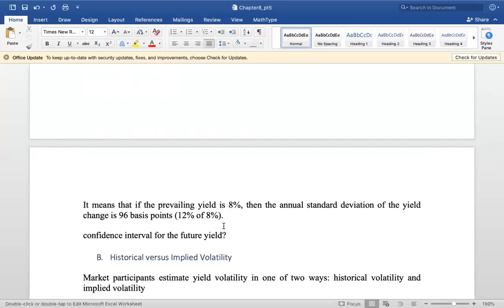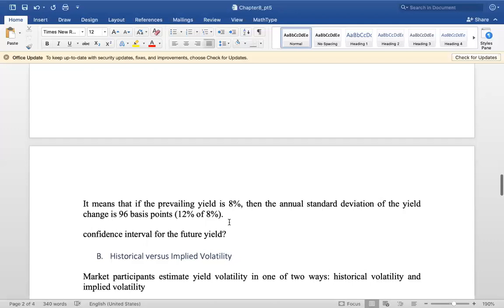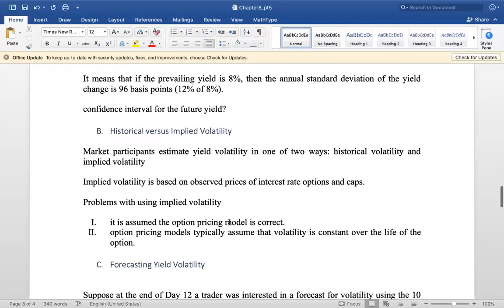So for 3 standard deviations below and above the prevailing yield, there is a 99.7% probability that the value will fall within these, right? So we can also calculate the confidence interval.